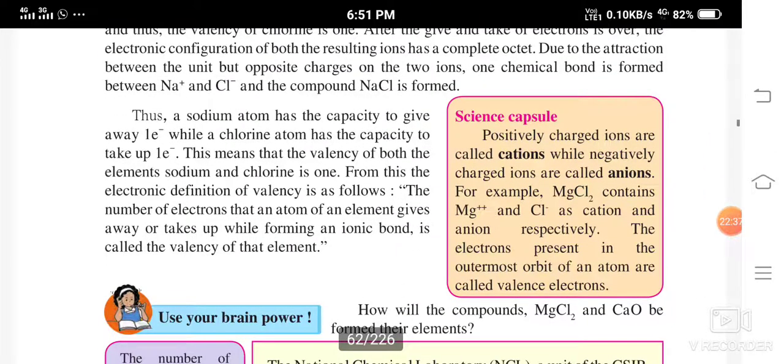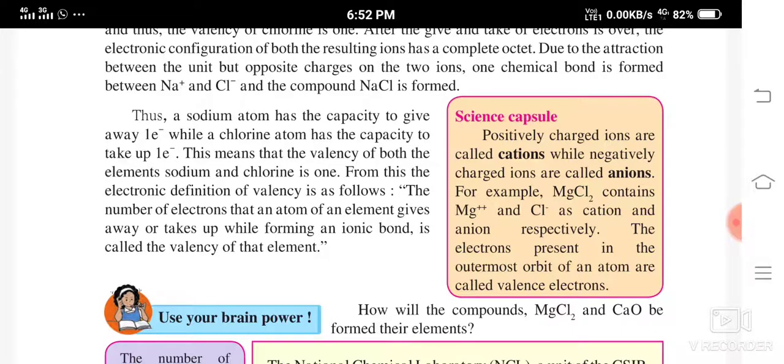NaCl is formed. Thus, a sodium atom has the capacity to give away 1 electron, and chlorine has the capacity to take up 1 electron. So, sodium is giving away 1 electron and chlorine is taking 1 electron.